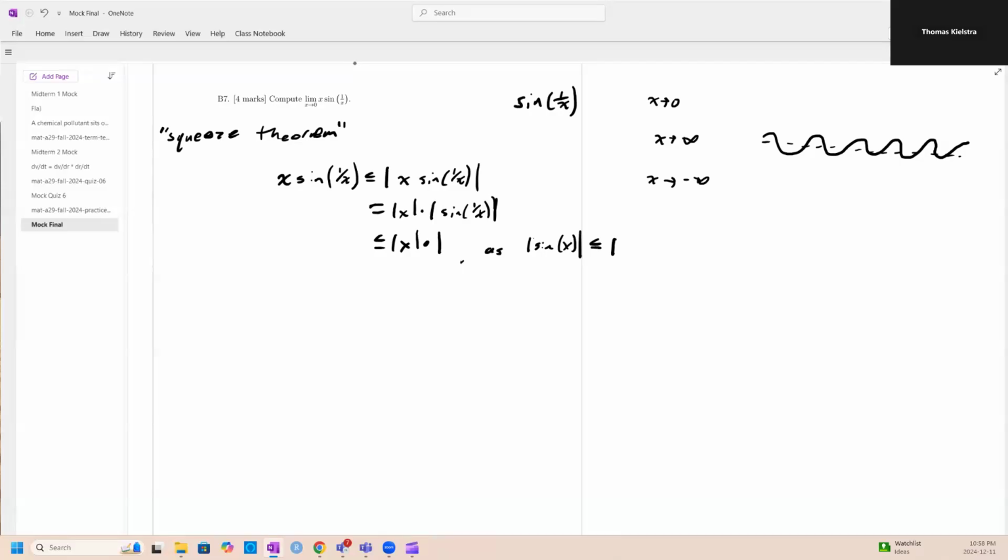Now this equals the absolute value of x.